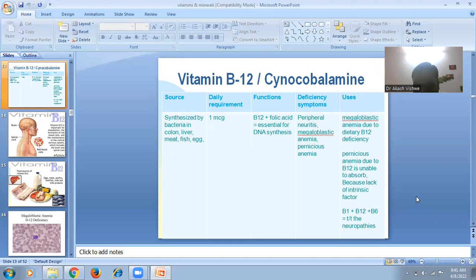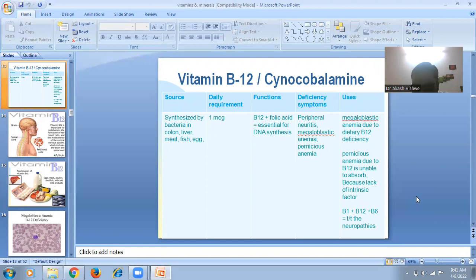So now another use is in the condition of pernicious anemia. We can use this. Pernicious anemia occurs due to vitamin B12 deficiency. Okay, how can it occur? It is due to vitamin B12 not being able to be absorbed.